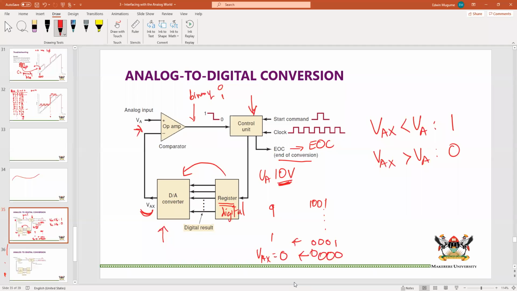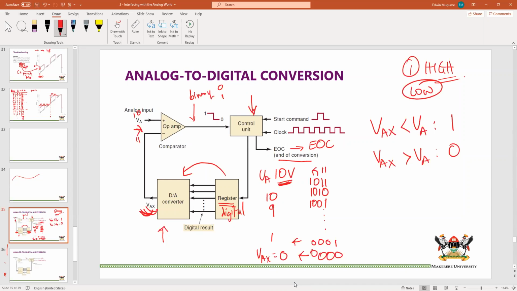So we increase to 1, 0, 1, 0, which is equal to 10. VAX of 10 compared to VA of 10, they are now equivalent. The op-amp will still give us a high. When they are equivalent, we still get a high until the next step, 1, 0, 1, 1, which gives us 11. 11 compared to 10 will give us a low.